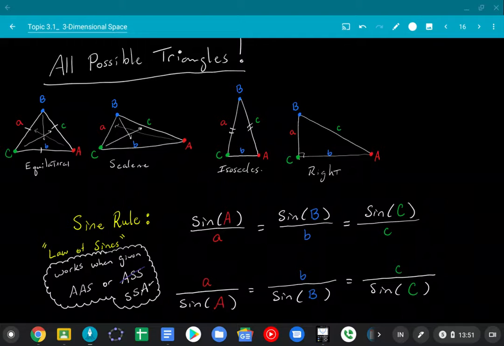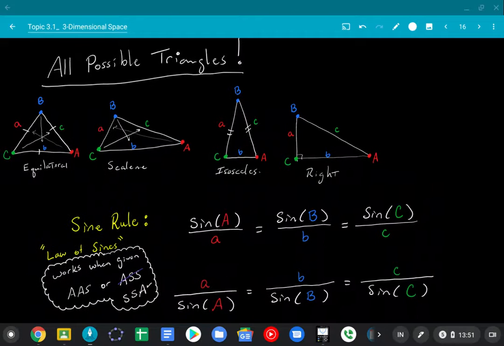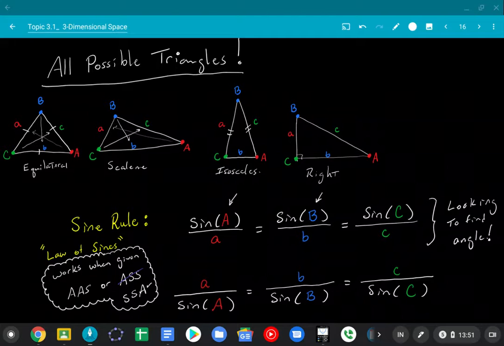So we can start solving for various sides here and there, and they don't have to necessarily be a right triangle. Now, I generally use this particular version of it when I'm looking to find an angle, because the angles are already in the numerator. I don't have to solve too hard to get the angle by itself.